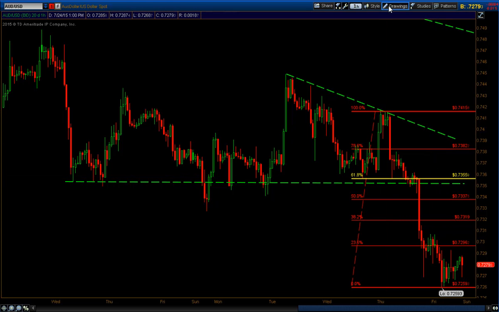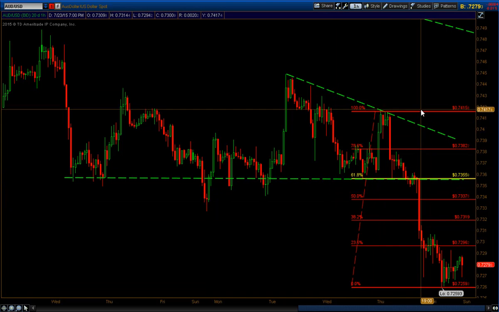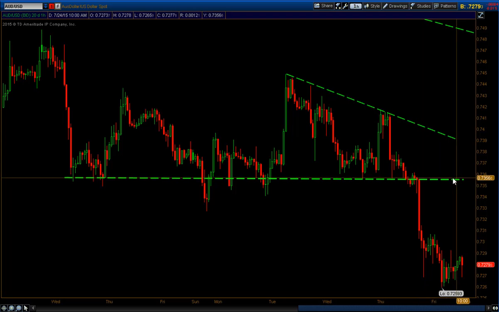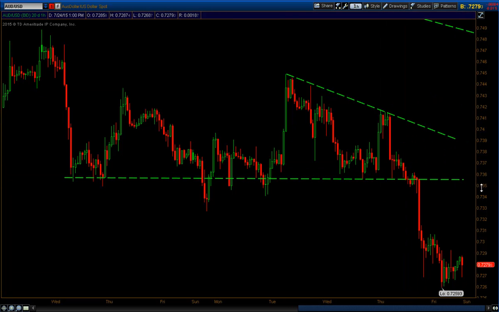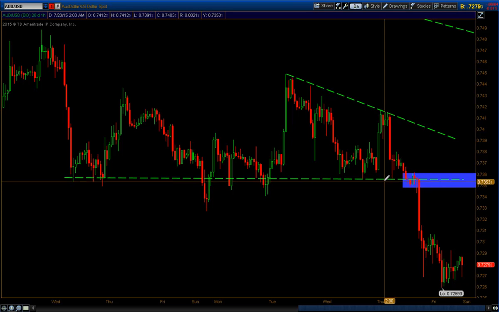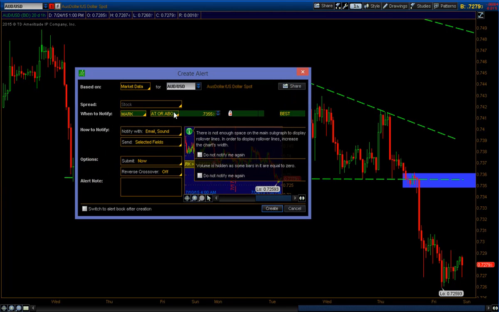If I were to short here, roughly around there is where I'm going to be looking. I'm going to delete this. That's where my 61.8 retracement is. So you draw somewhat of a rectangle. You want to put your alert on here. Create alert above.